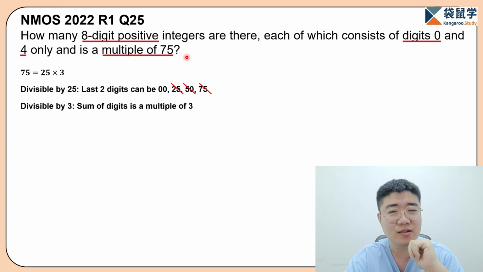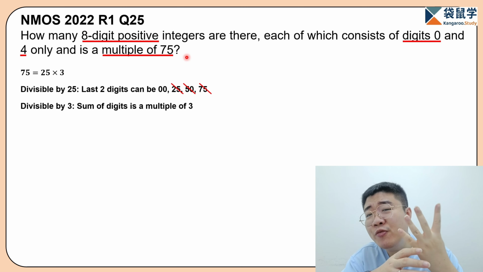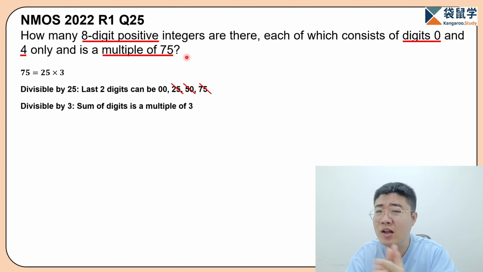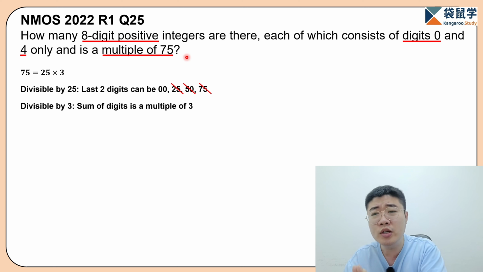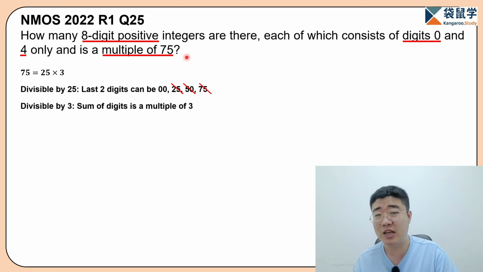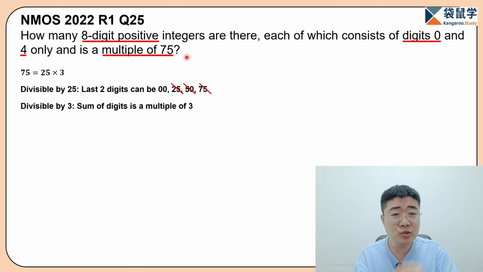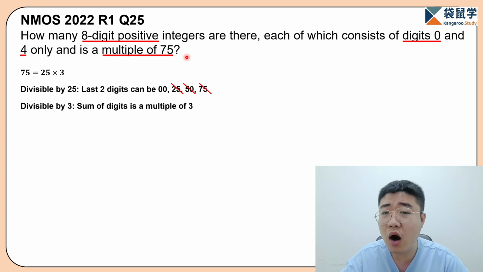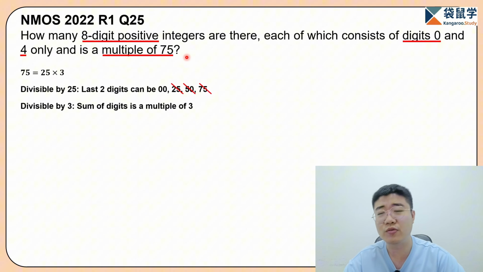How do we combine the digits together? Since the number 4 is not divisible by 3, it's not a multiple of 3, in order to be a multiple of 3, the number of 4s we have must be a multiple of 3. So this means that either we can have three 4s or we can have six 4s.